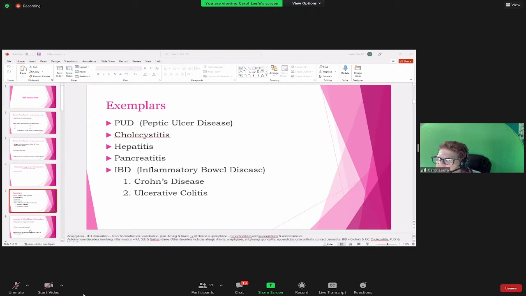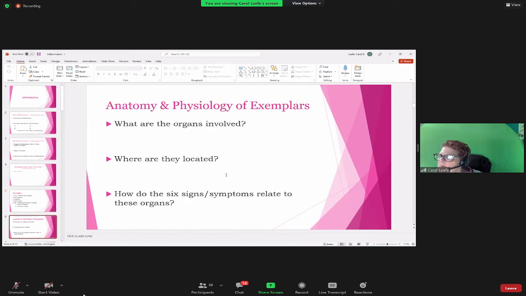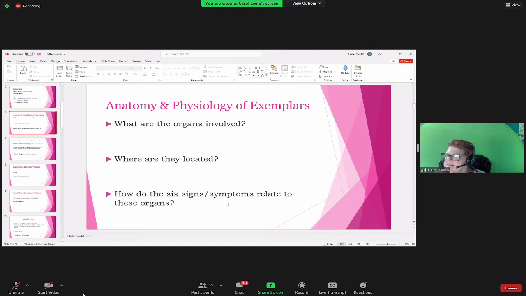So we talked about what organs are involved, where they are located, and also the signs and symptoms related to these organs. Usually you're not going to see the redness, you're not going to see the edema. What did you learn about GERD as far as a diagnostic test?